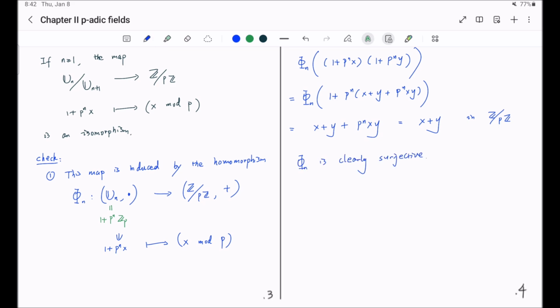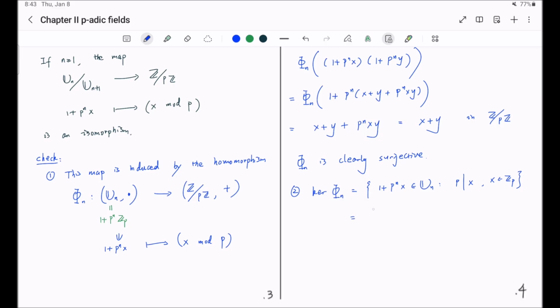And now we are interested to know what is the kernel of this. The kernel of this map is, by definition, 1 plus p^n x. This is in U_n, and supposed to be sent by phi sub n to 0 in Z mod pZ, which means the little x here is divisible by p. So this is the kernel of phi sub n.